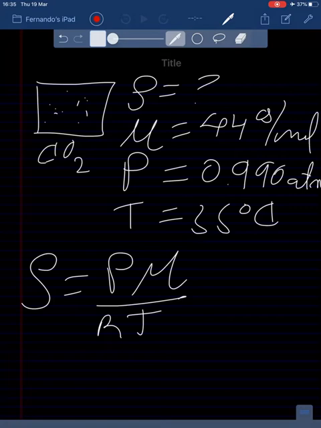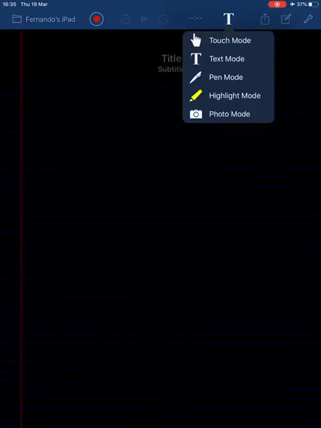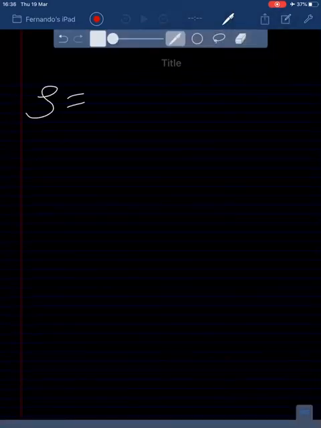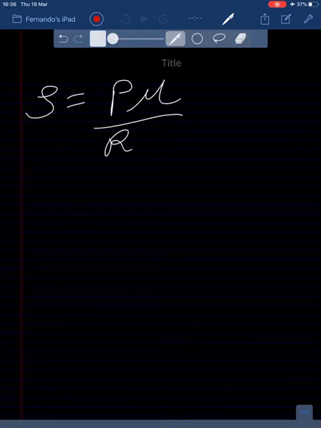So if this is true, I'm going to use another one. Now the density is the same as PM over RT. I can start throwing numbers into my equation and see what we get.